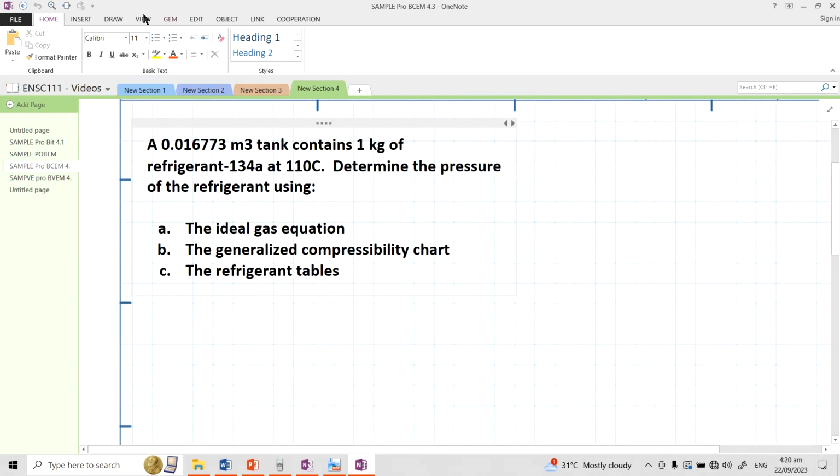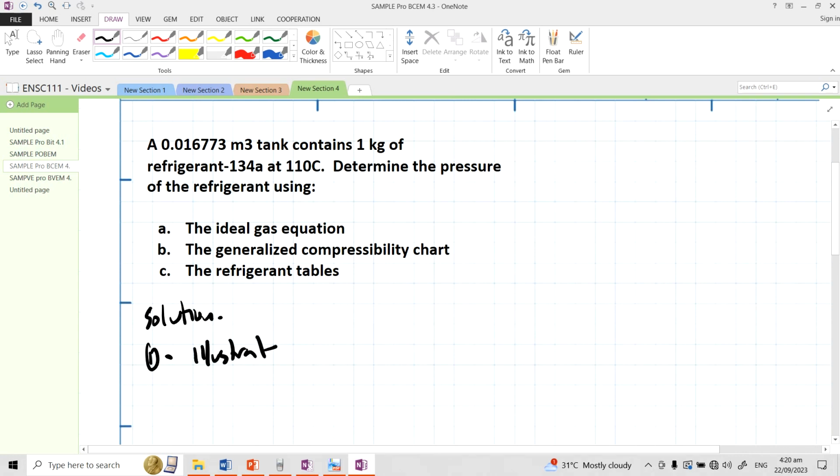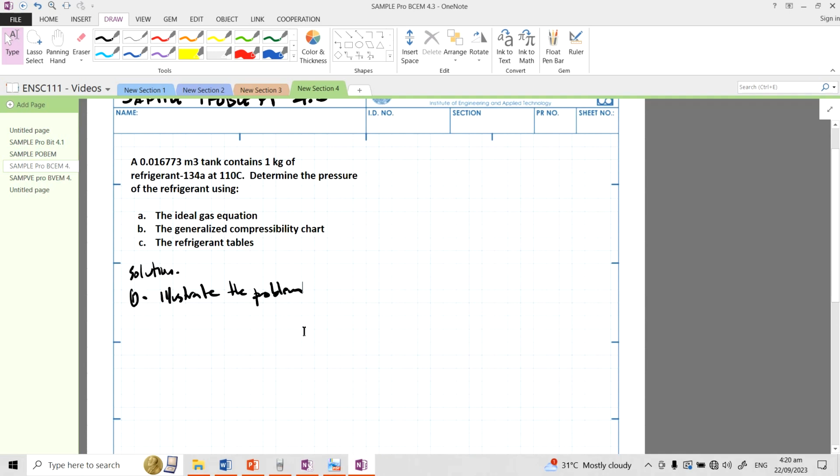Okay, first step, as usual, the solution. For number 1, illustrate the problem. We have a tank with a defined volume.